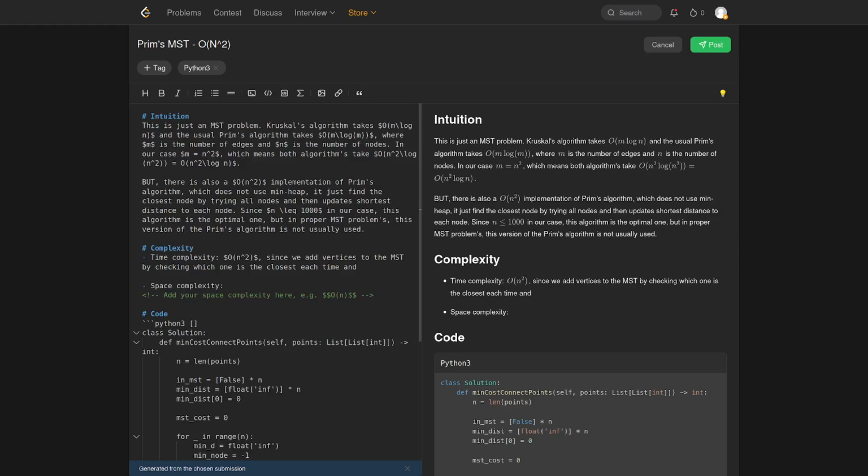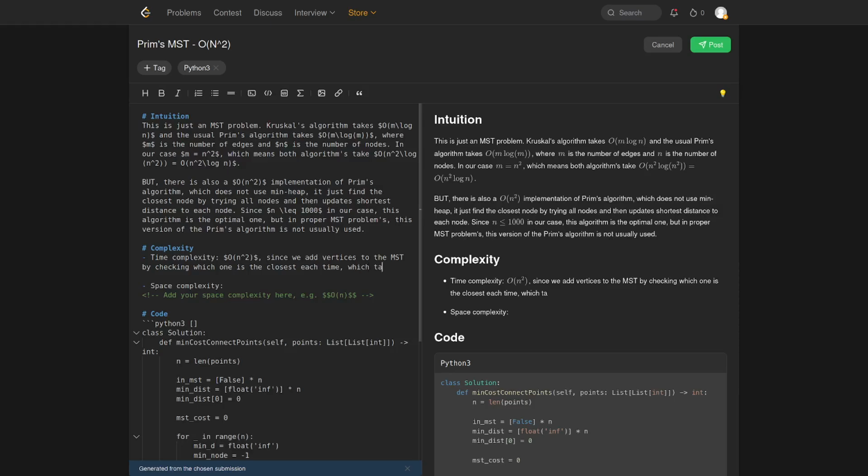Since we add vertices to the MST by checking which one is the closest each time.